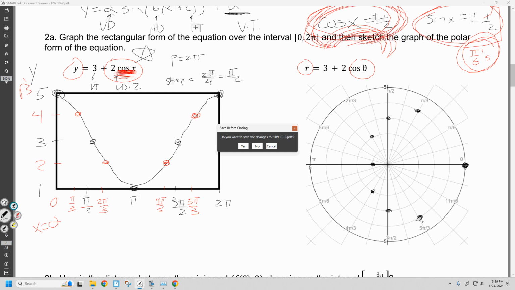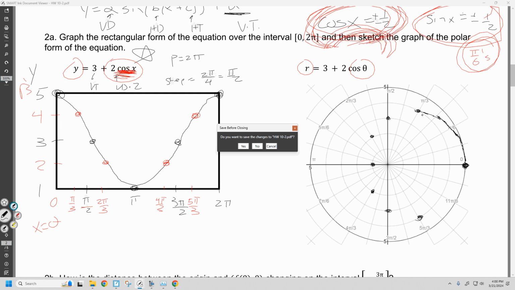So we're going to be careful. We are going to make sure we're kind of curving. And what else do you notice? The graph of y equals 3 plus 2 cos x is decreasing. How does that translate to the polar graph? Not necessarily that it's going down. No, it's not going down.